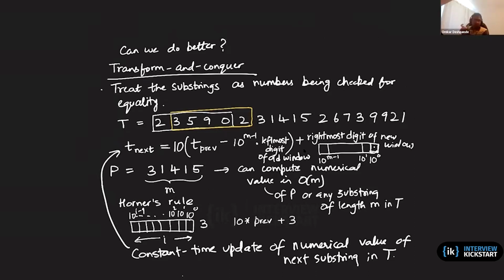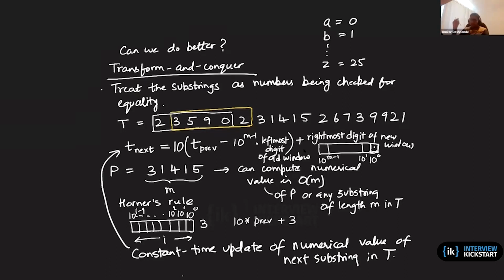Instead of using a base 10 value, we'll use a base, say, 26 value, where the digit A corresponds to the value 0, the digit B corresponds to the value 1, the digit Z corresponds to the value 25.